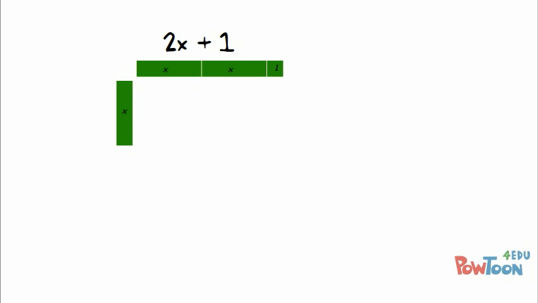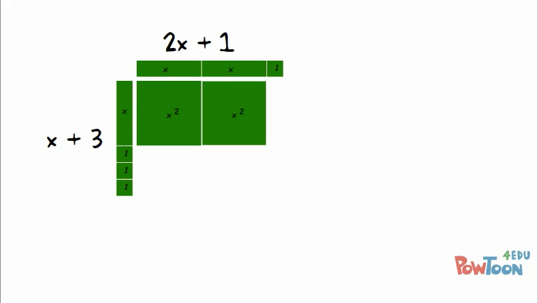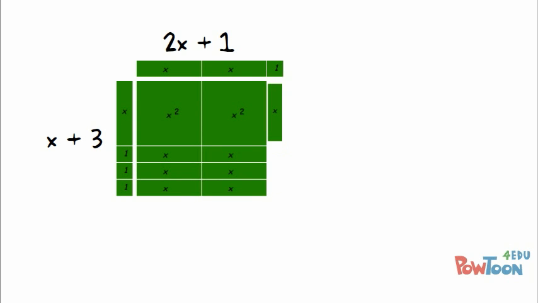We can represent a length of 2x plus 1 using 2 of the x blocks and 1 block. We can represent a width of x plus 3 using 1 of the x blocks and 3 of the 1 blocks. The product of the two, that is, the result of multiplying them, will look like this.